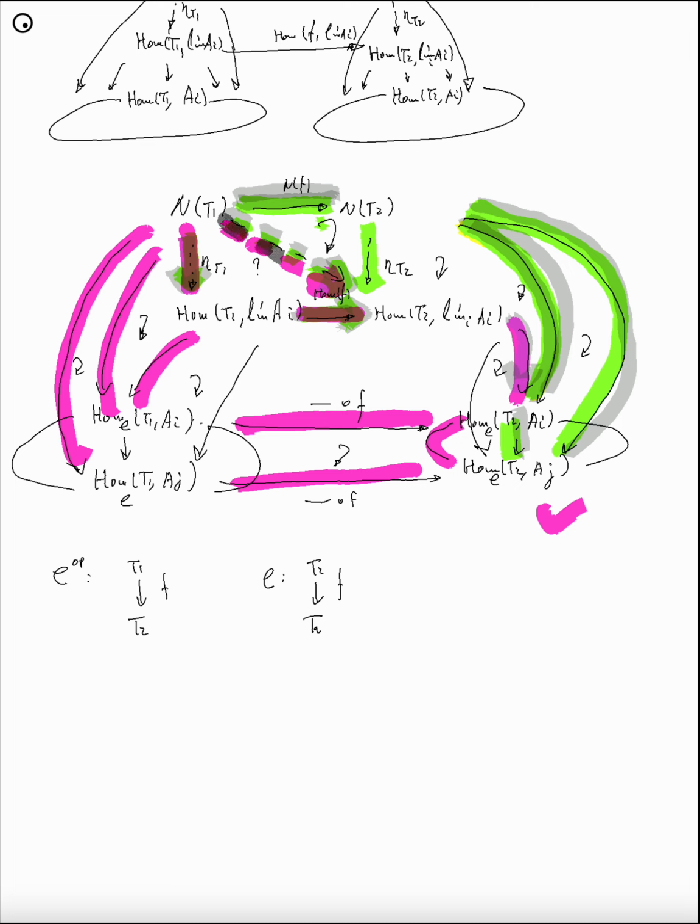So this is making this commutative, right? And because this is commutative, this is also the same as making this commutative.